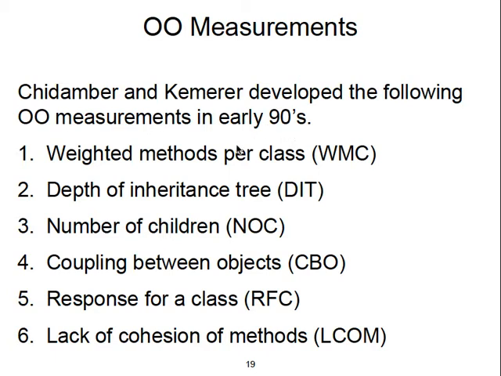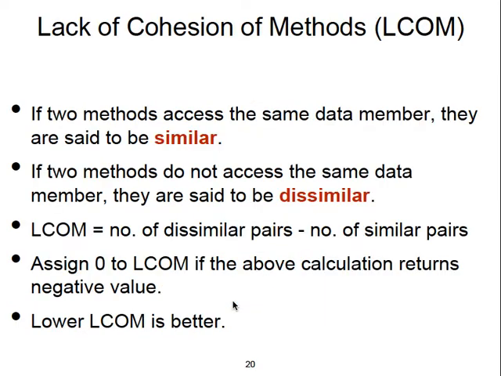Okay, but I won't be going through all of them, I'll just go through some of them. Lack of cohesion method, okay, LCOM. It tries to calculate this number by pairing up methods in the same object.